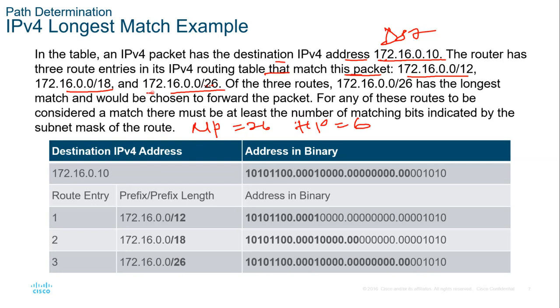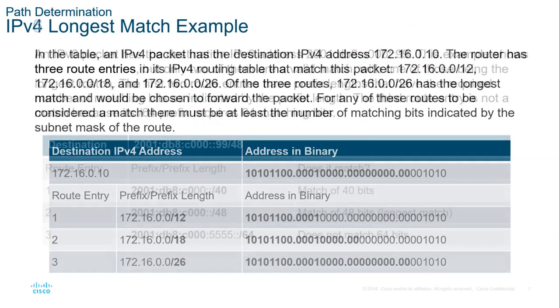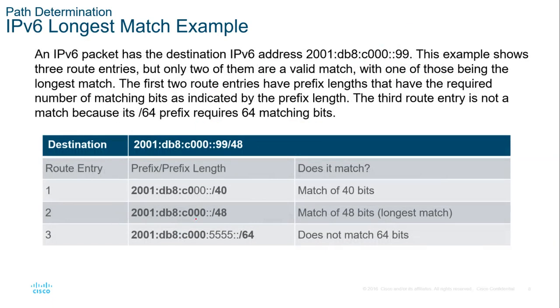So this one here is the best when you look at this. The best is this. Then for IPv6, it will still be the same. As you can see, the prefix lengths are 40, 48, and then 64.